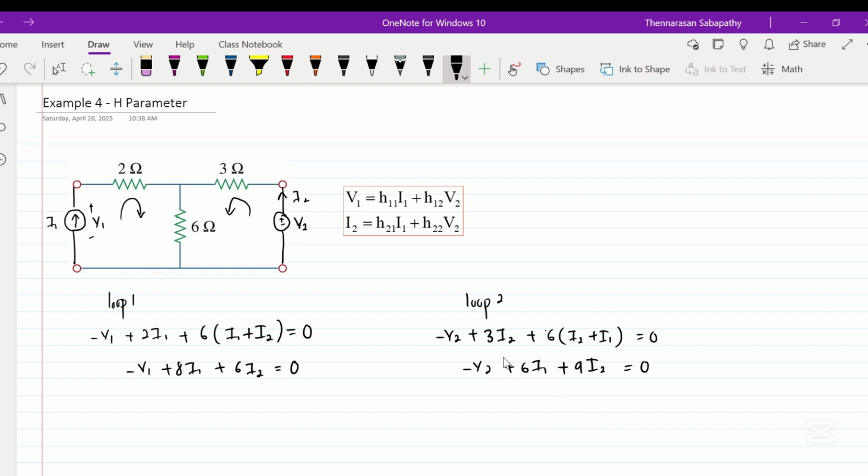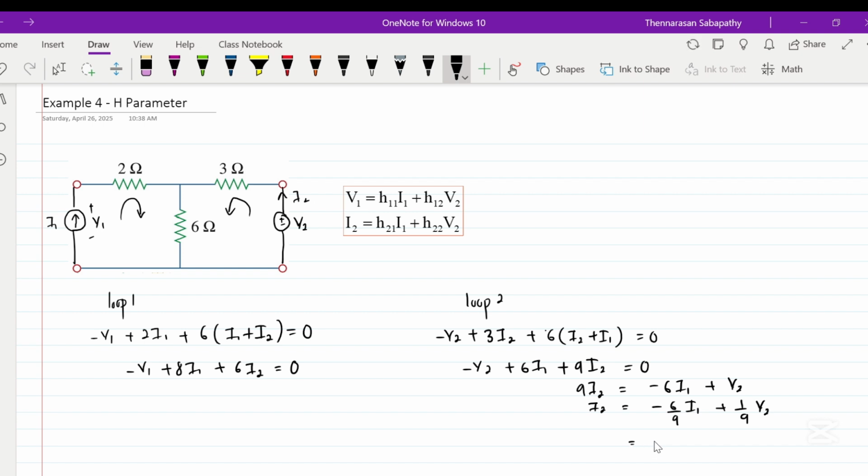If you see the second equation, I can write it in terms of I2, to get I1 and V2. So 9I2 equals negative 6I1 plus V2, right? Then I don't want the 9 here, so I2 equals negative 6 over 9 I1 plus 1 over 9 V2.